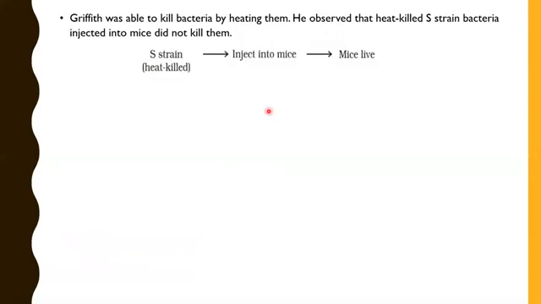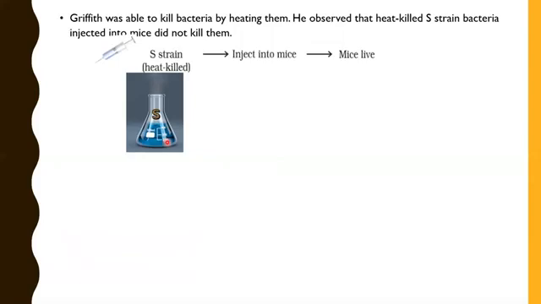You can see the boiling, and then he collected such heat killed S strain bacterial cells in the syringe. Then he injected such heat killed S strain bacterial cells into the mice.